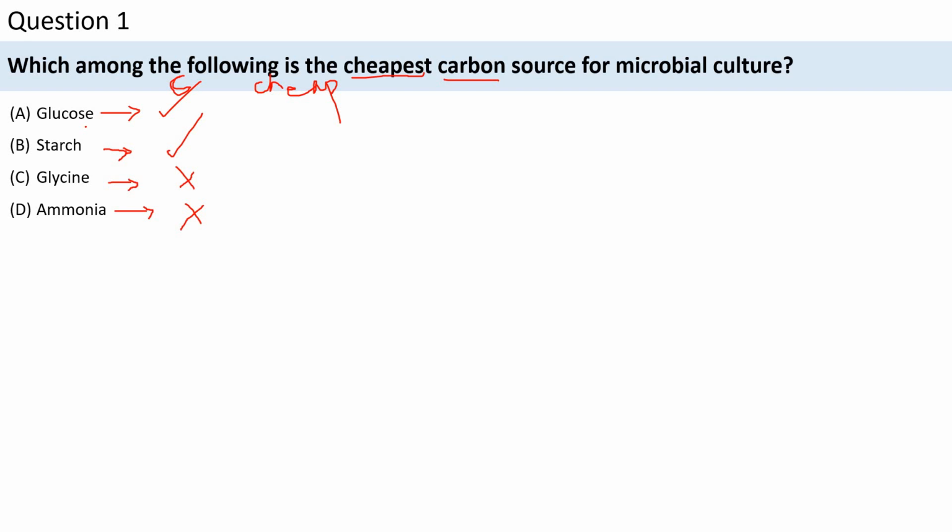Otherwise we can do thermal sterilization, heat treatment, or chemical treatment so that the polymer is broken down into glucose, and that can be directly used for the microbial culture. So comparatively starch is the cheapest one compared to glucose, so the answer is starch.